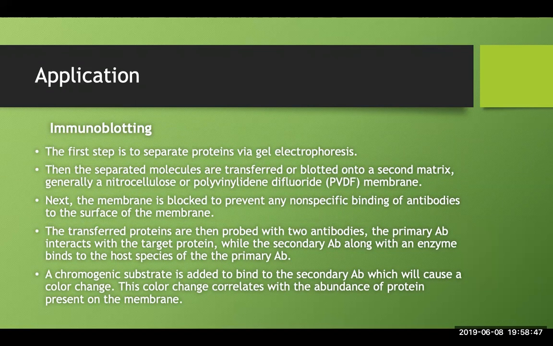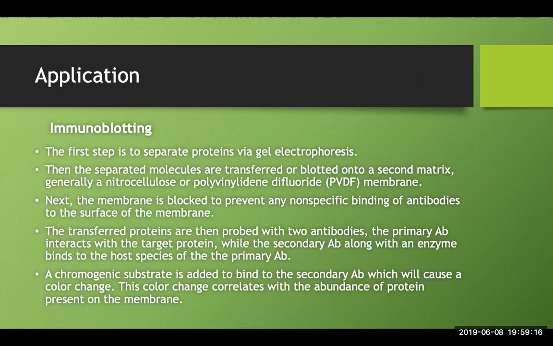The first step in immunoblotting is gel electrophoresis, and the point of this is to separate your proteins, so this separates your complex. Then the separated proteins are transferred, or blotted, to a second matrix. This matrix is usually a membrane composed of nitrocellulose or polyvinylidene difluoride, also known as PVDF.